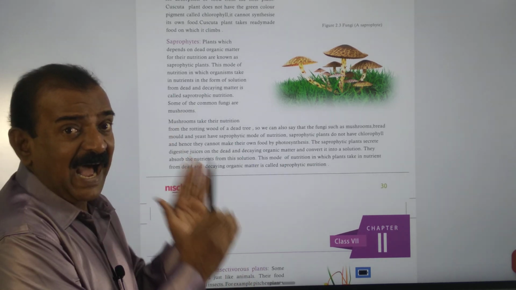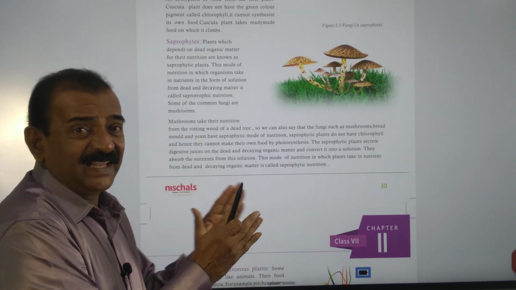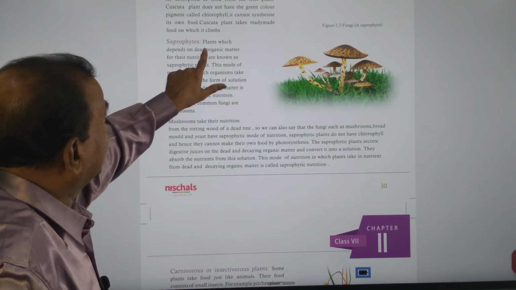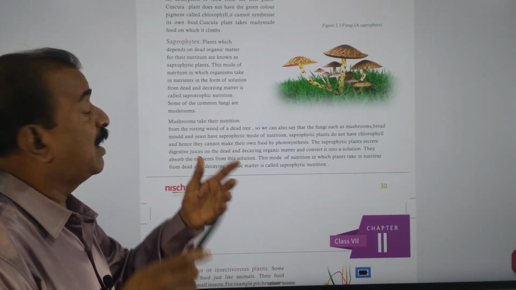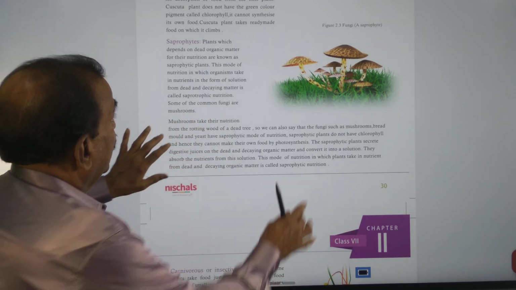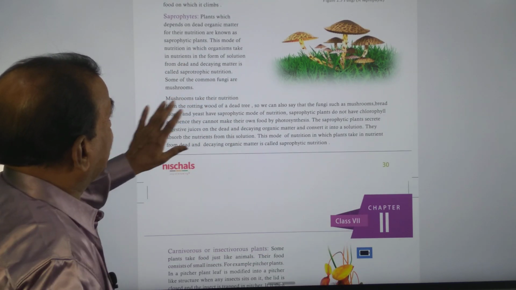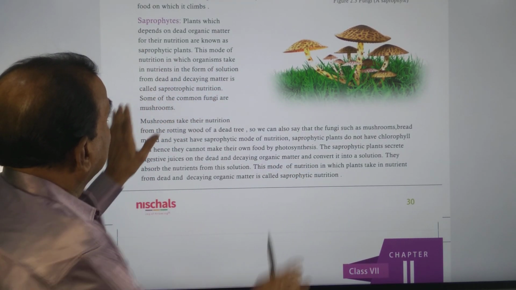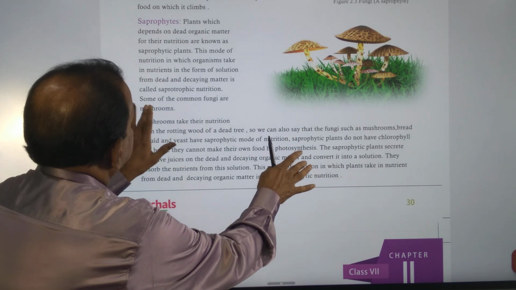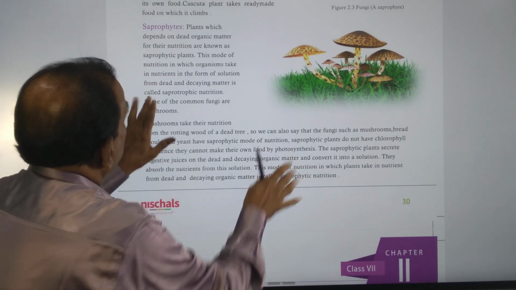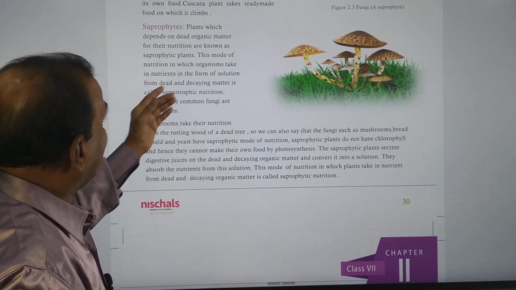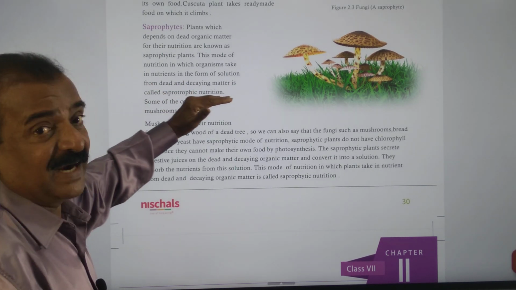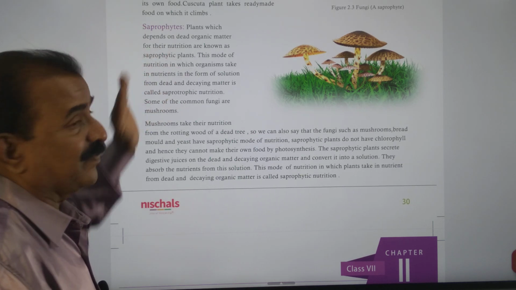Now I am reading the matter given on this page. Saprophytes are plants which depend on dead organic matter, known as saprophytic plants. This mode of nutrition, in which organisms take in nutrients in the form of solution from dead and decaying matter, is called saprophytic nutrition.